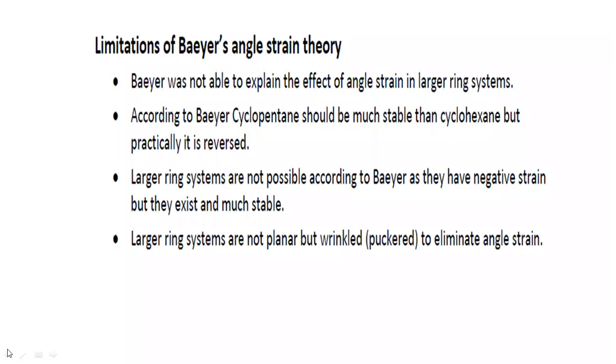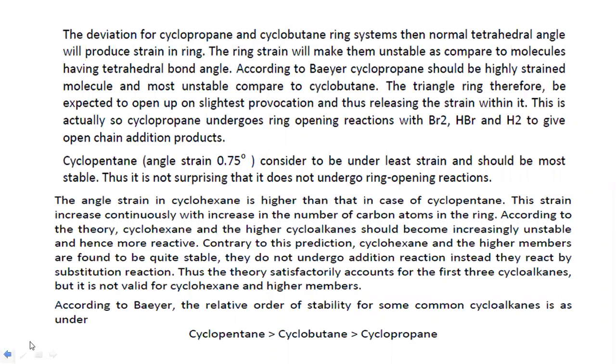So what we have discussed: the angular strain of cyclohexane is higher than that in the case of cyclopentane. According to this theory, angle strain increases continuously with an increase in the number of carbon atoms in the ring.